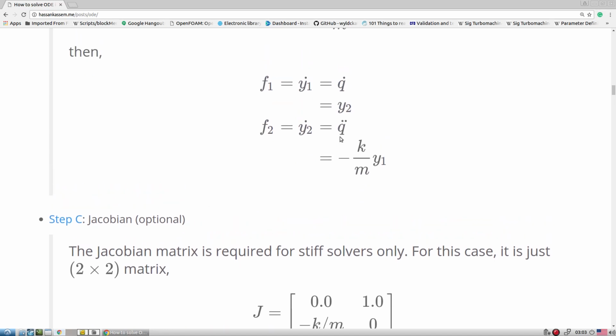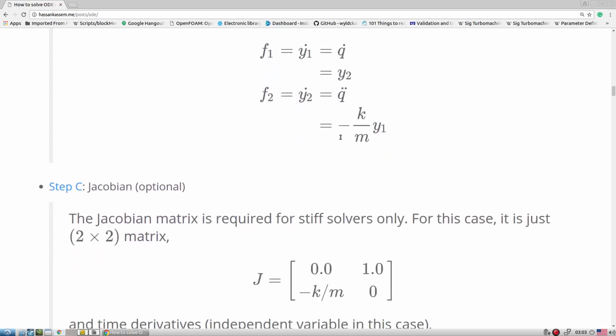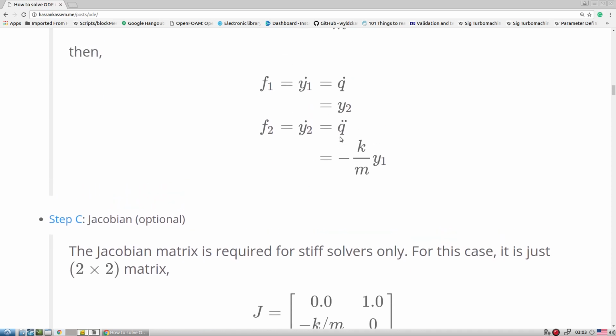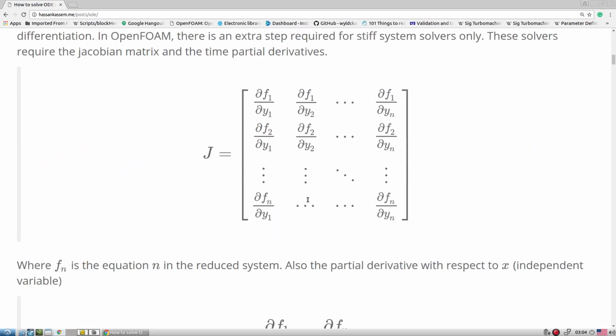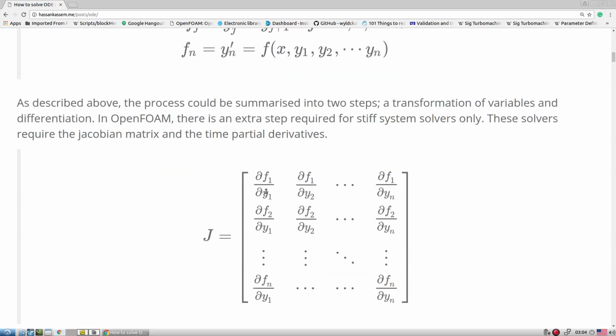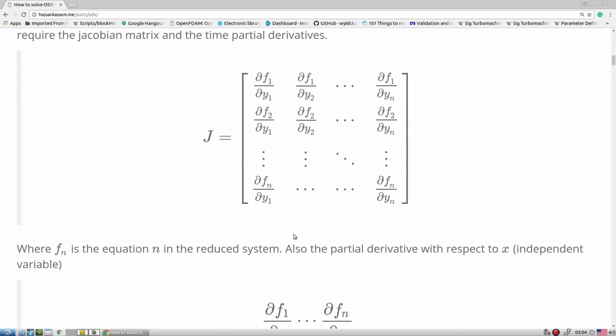Now we have two equations, and we have to differentiate them with respect to y1 and y2.